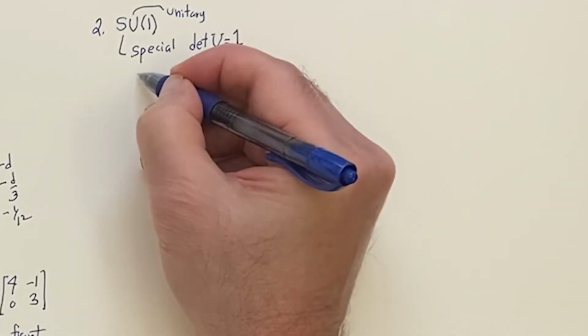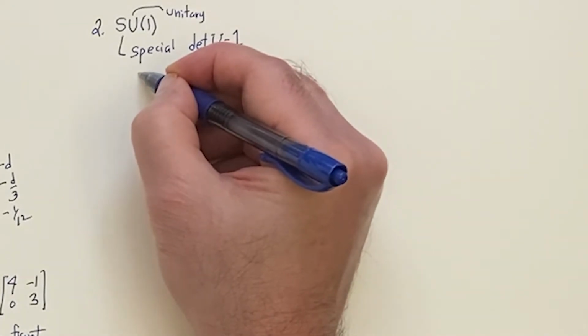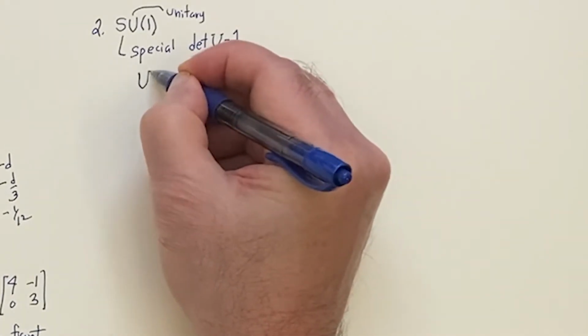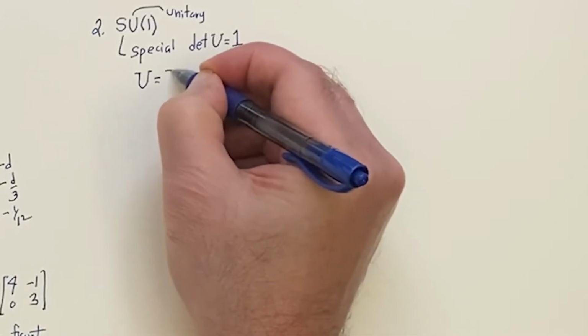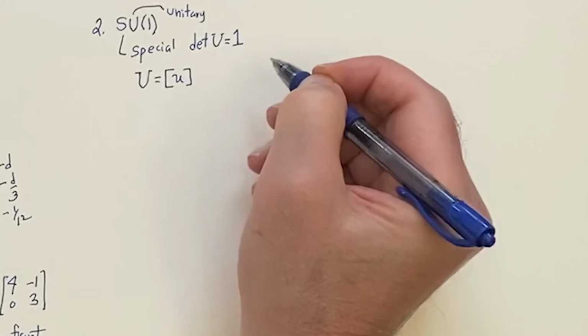But remember, in general, we just did the case where we had some unitary matrix with some little u sitting inside there, 1 by 1.